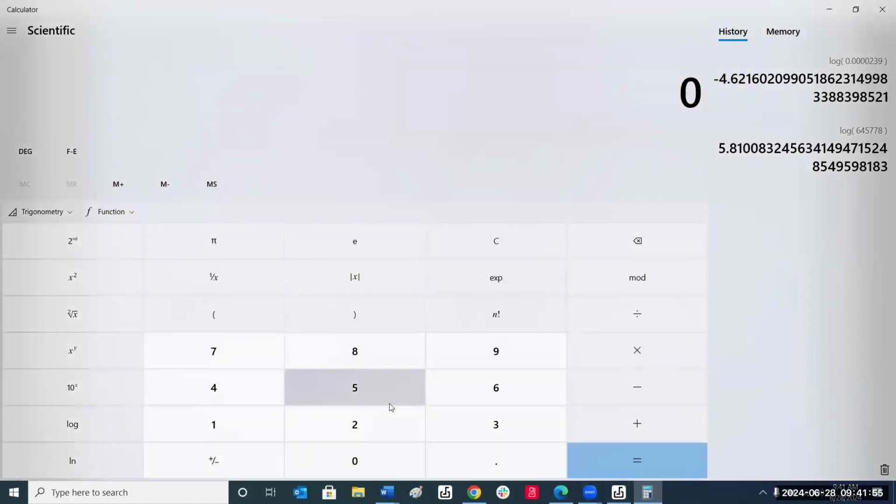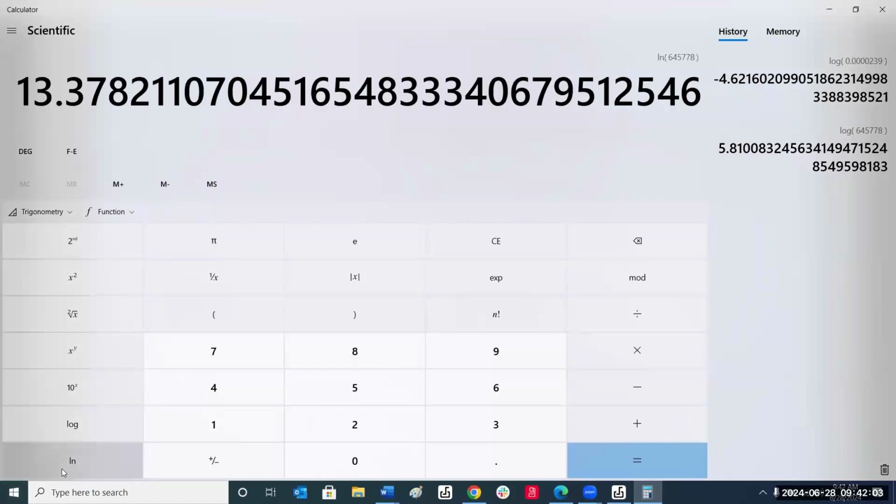plug in the numbers 6, 4, 5, 7, 7, 8, and take the ln of it. 1.337821107. The question says round it to 4 decimal places.